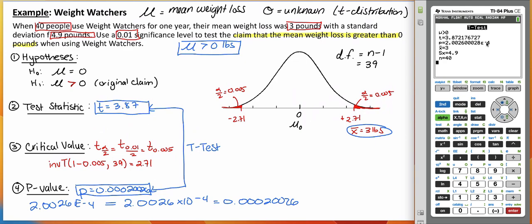So right away, let me go ahead and just mark our test statistic of 3.87. Oh, I wrote it on the wrong side. This is positive, so it needs to be on the right tail. So let me fix that. Let me put that on the right tail here. So our sample mean of 3 pounds has a test statistic, a t-score of 3.87.